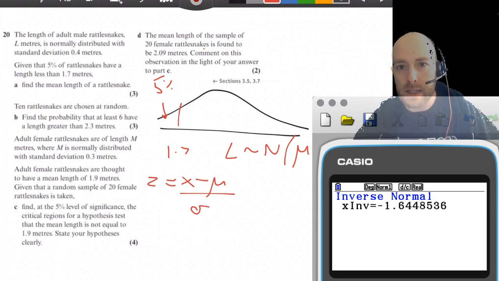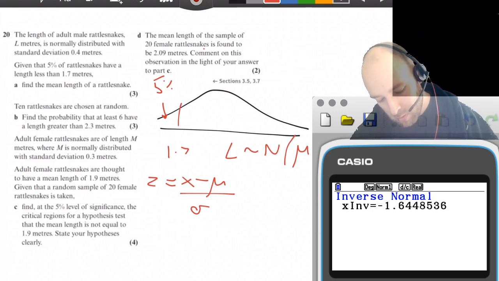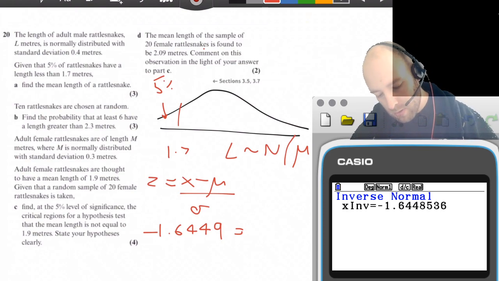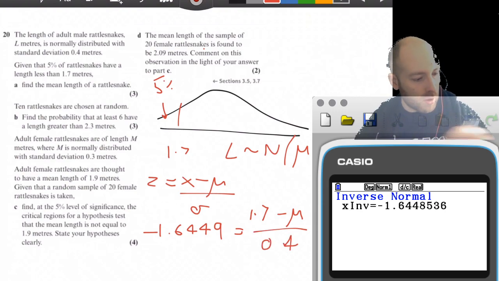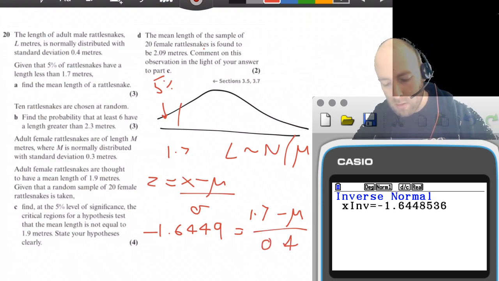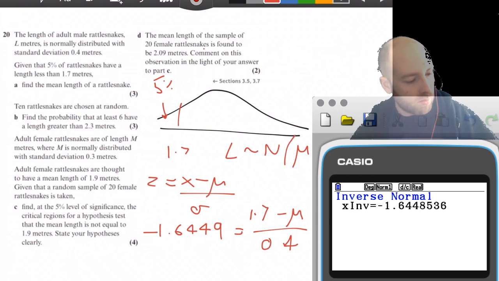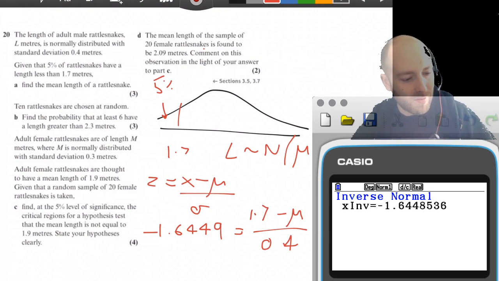We get z is minus 1.6449, equals x, and x is 1.7 minus mu over 0.4. If you rearrange all that, you should get mu is 2.358.